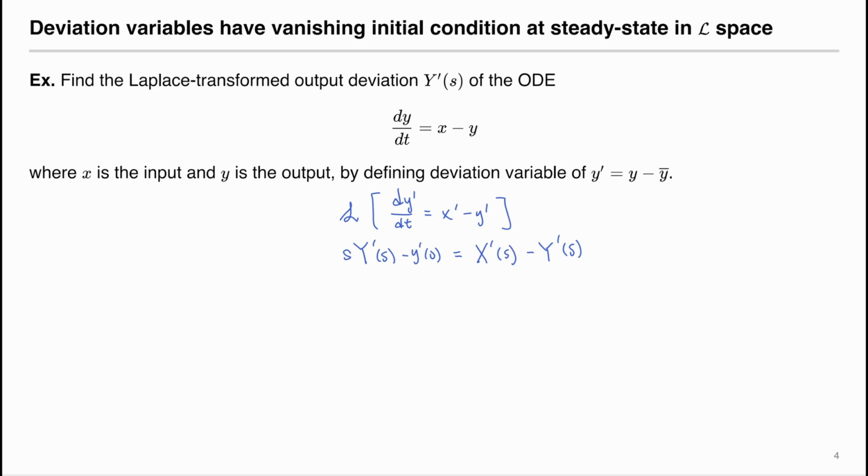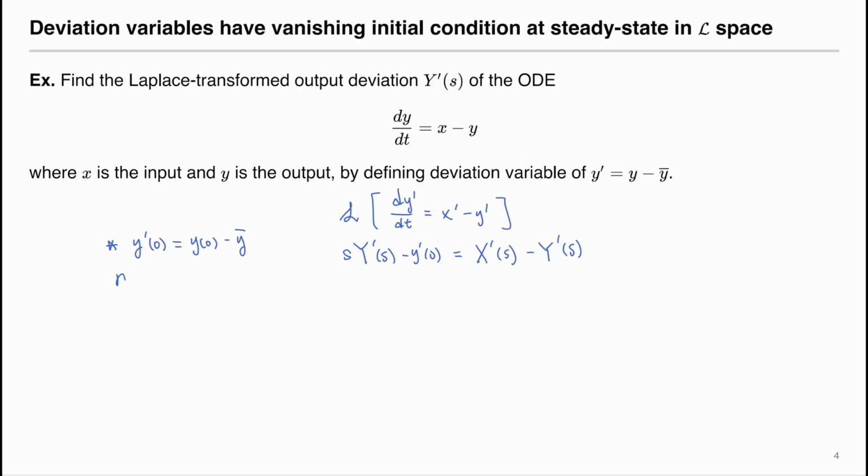And note that the initial condition for the deviation variable is defined as y of 0 minus nominal steady state, a constant.